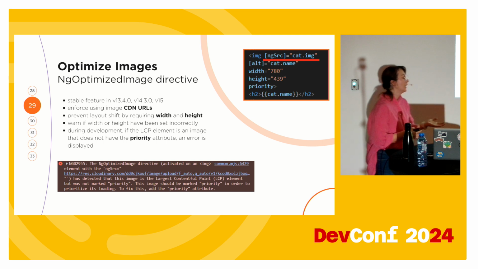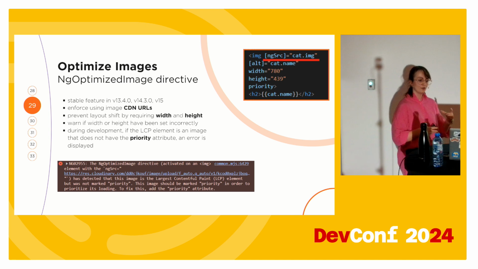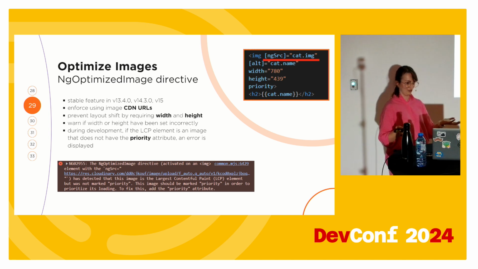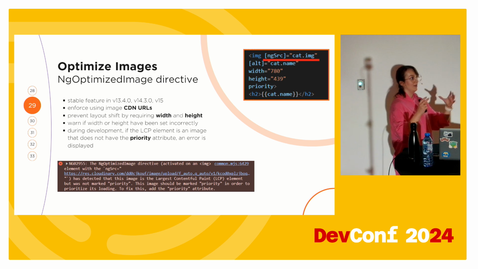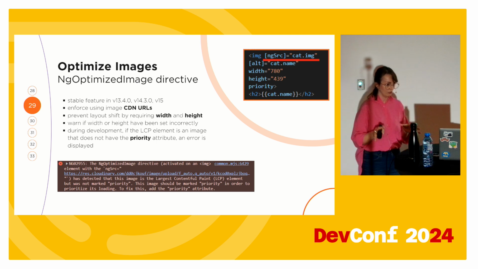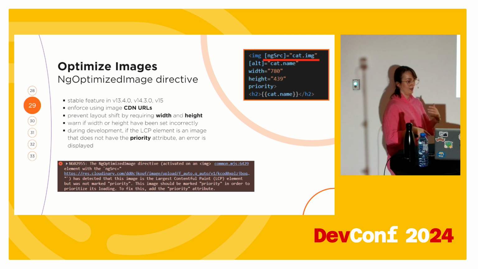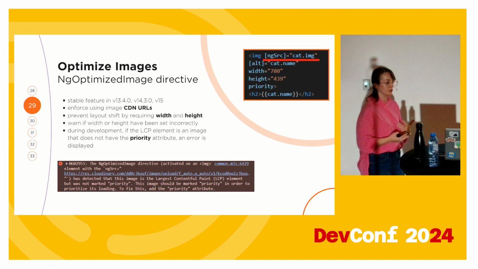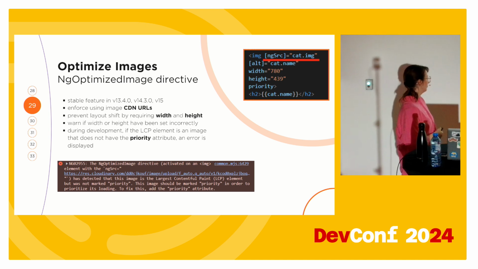What's more, it also informs us when we set the wrong size for our image. And it's great because this small thing could really improve our Core Web Vitals. The next one: if we have an LCP image and it isn't prioritized, we will get an error.